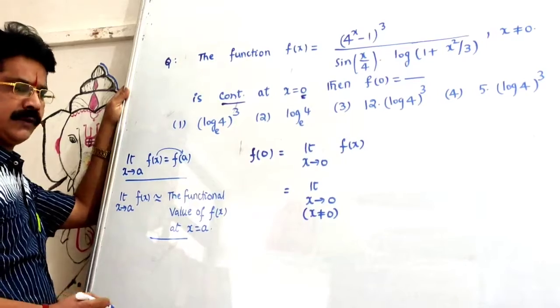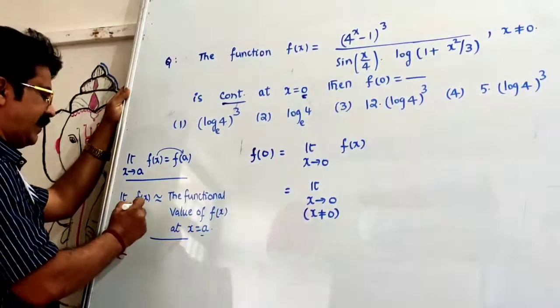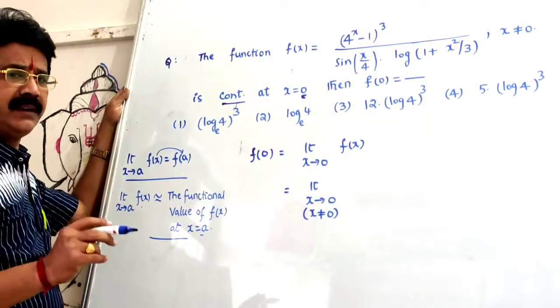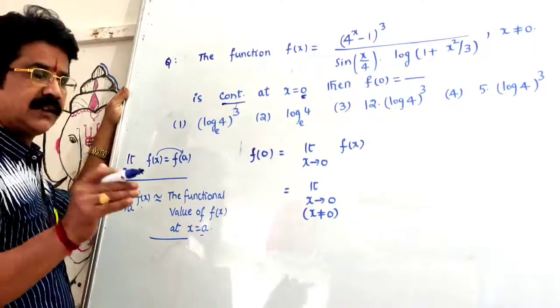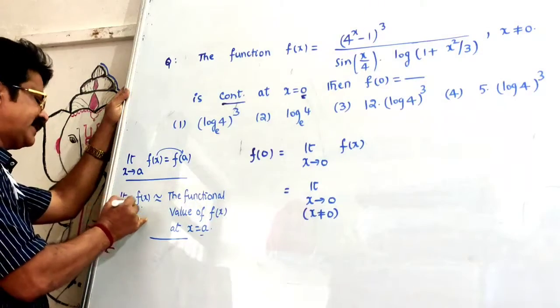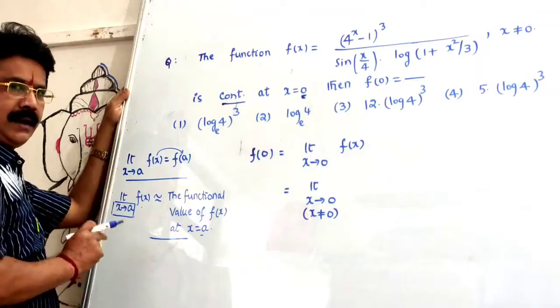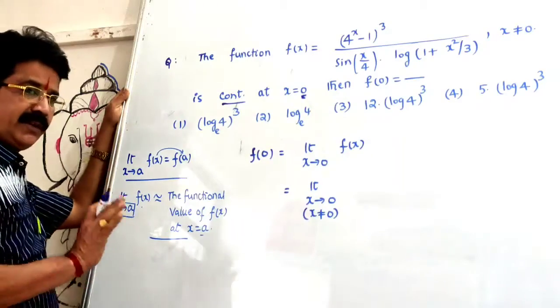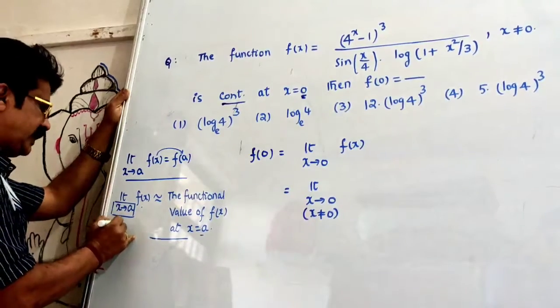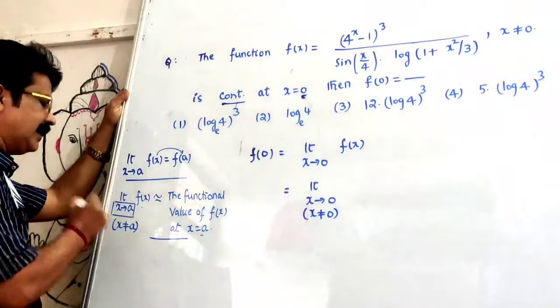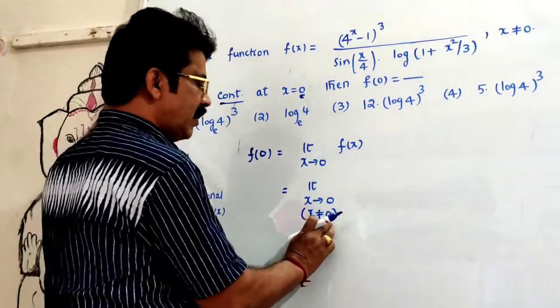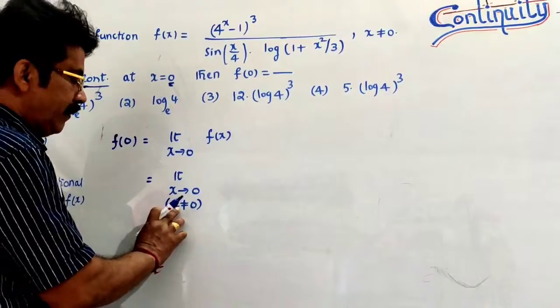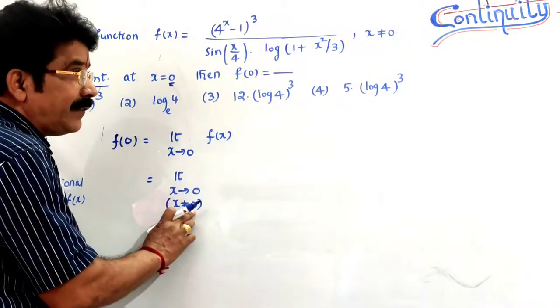Understand? Of course, at x equals a, f of x may or may not be defined. It is out of question. That's why we represent x tends to a. Once again, x tends to a means x not equal to a. Understand? Right. Here, x not equal to 0.